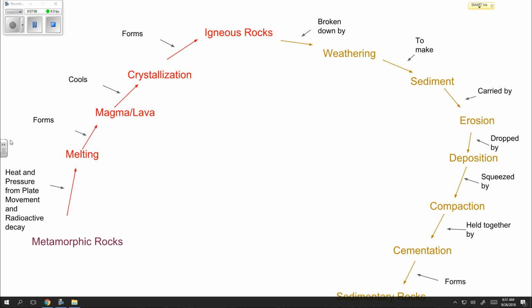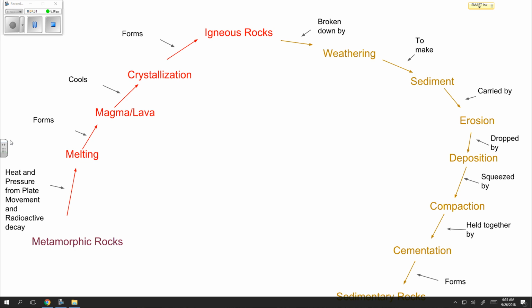And then eventually, through the process of cementation, which glues those things together, it's held together by those dissolved minerals that were in the water that moved through the sediments. That cementation, holding those sediments together, forms clastic sedimentary rocks.